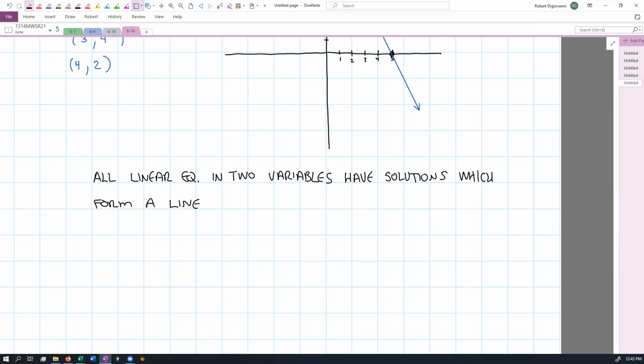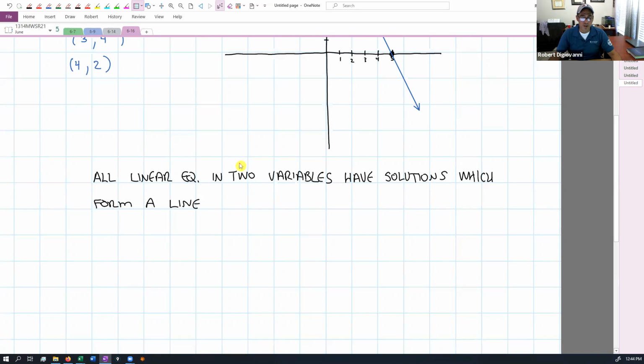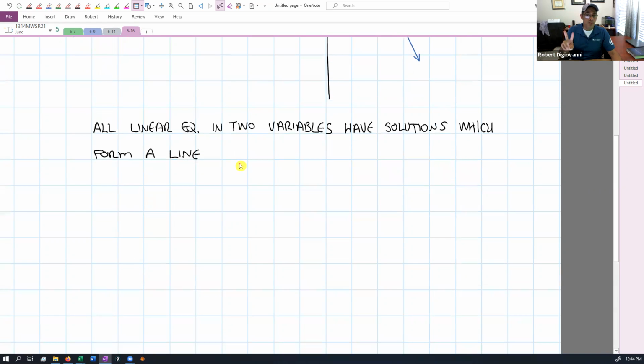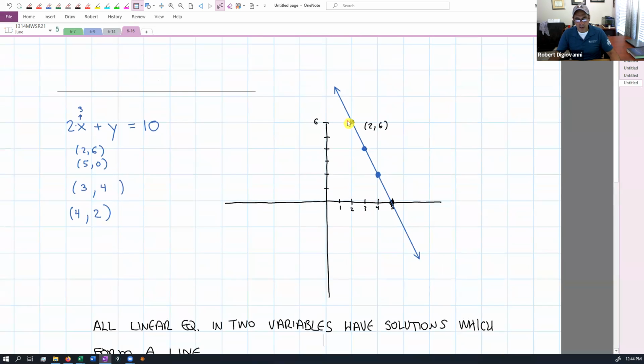At least 2, but really only 2, because if you have 2 points, there's only one line that goes through them. So when it comes to visually representing the solutions to a linear equation in 2 variables, we only need 2 answers. 2 solutions is enough to draw all the solutions. Does that make sense? If I only had 2 of these dots, I could draw a line, and that line represents all the answers to the equation.